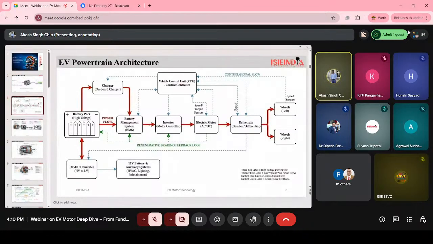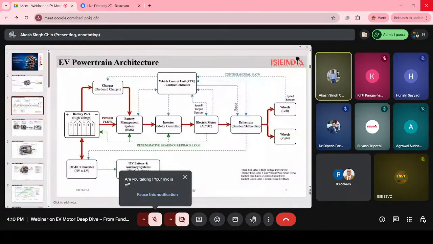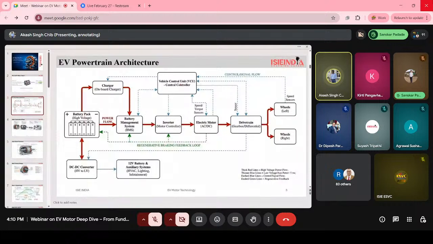Now let's see the EV powertrain architecture. Just give me a moment. Now we will understand the complete EV powertrain architecture. This diagram shows how energy flows inside an electric vehicle.